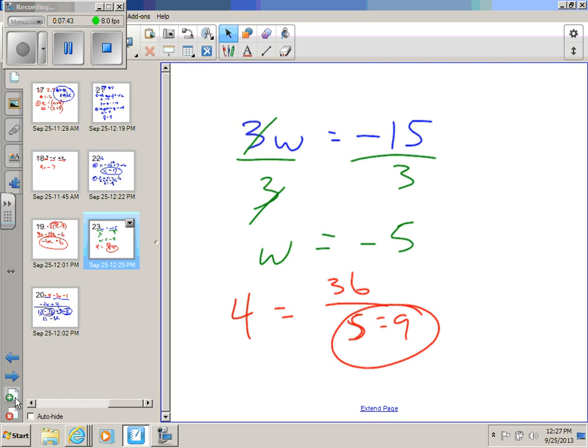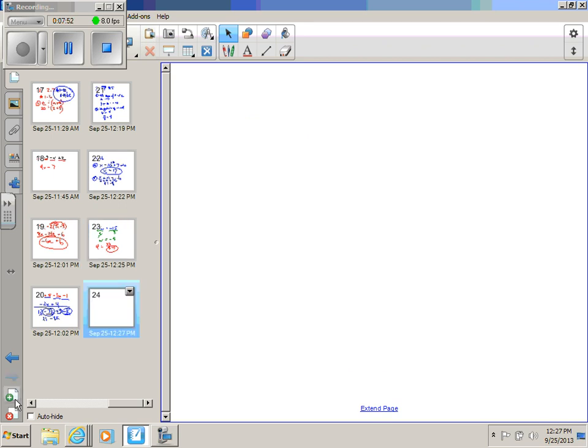Difference means what? Subtract. Difference of x and 8.